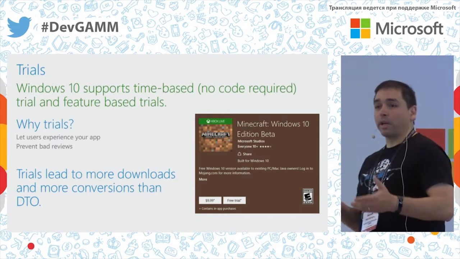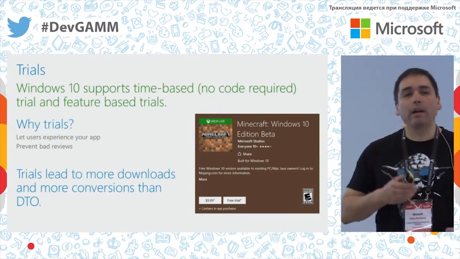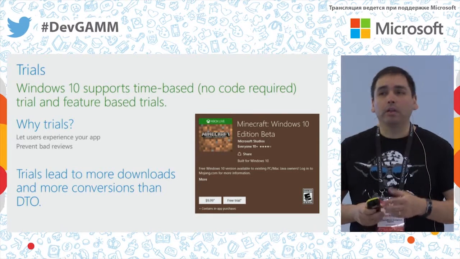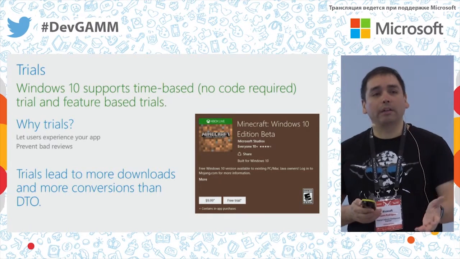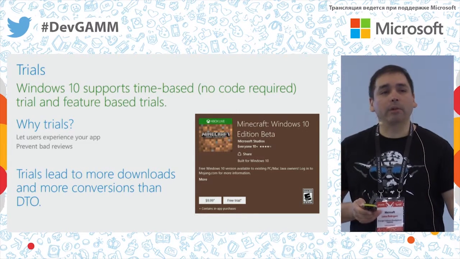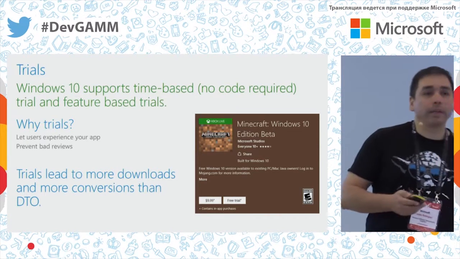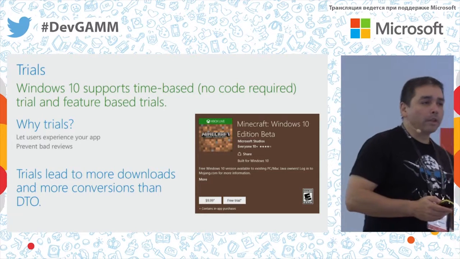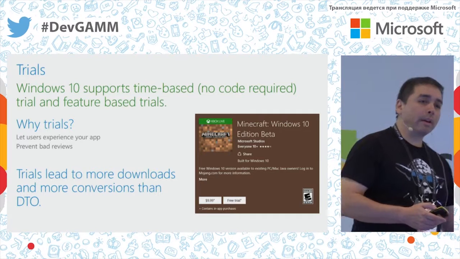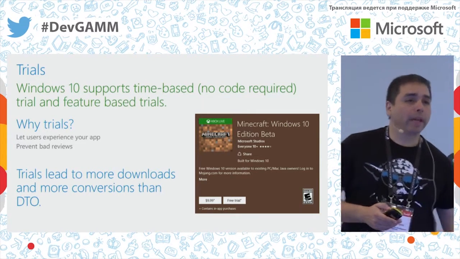If you write a game that's for PC and you require specific hardware, or it's a specific genre of a game, you can actually just make it a trial, have the user download it, try it for a few hours, or try it for just a specific number of features, and then they can decide to pay for the game or not. With trials, it's a pretty easy way for you to safely let somebody try the game without giving you a bad review because they might not have the right hardware or they might not like it, and still be able to pay for your game.